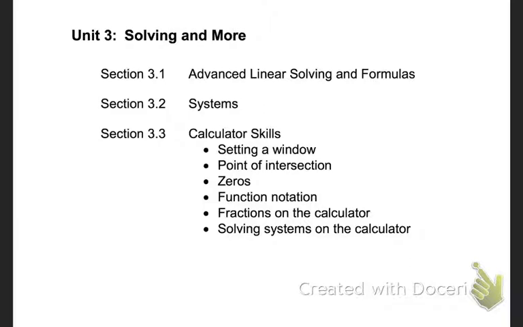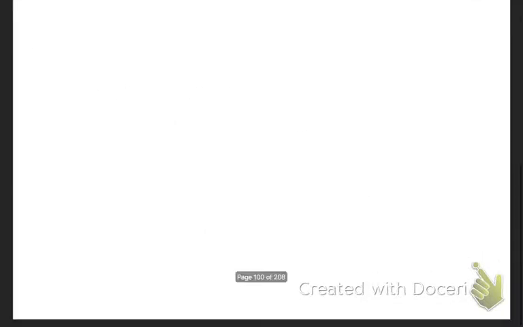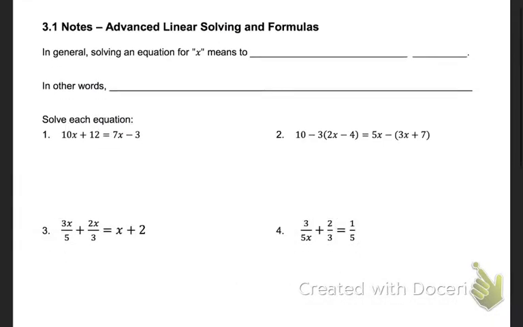Section 3.3 is calculator skills and just learning how to use the Inspire. So I kind of call this the hodgepodge chapter, things you need to know that didn't really have a place to go. They're like the outcasts, and so I put them together into one little mini unit.